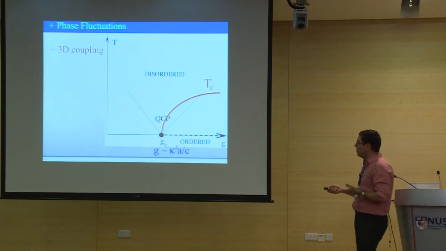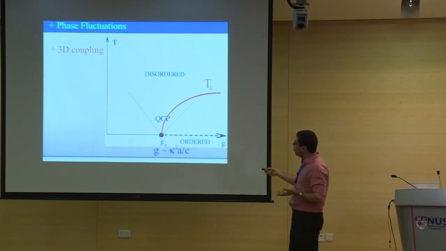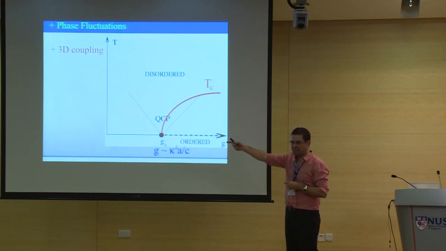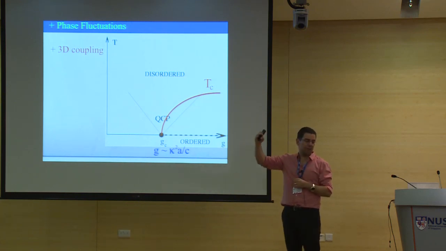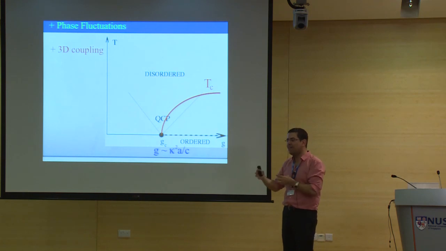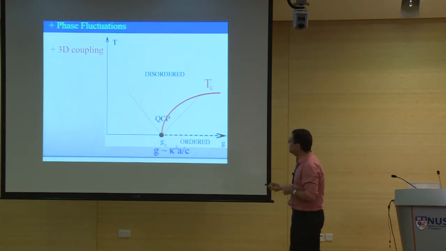Okay? So in 2D, we would not see this TC, but what we would see is the fluctuations of these order parameters at finite temperature. Okay? So these fluctuations at finite temperature would affect the way the electrons behave in the system.